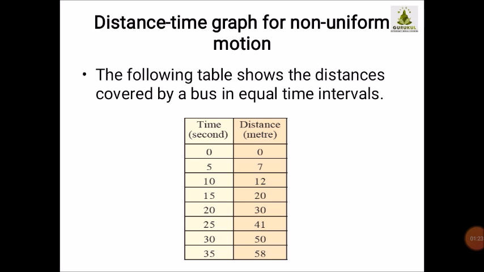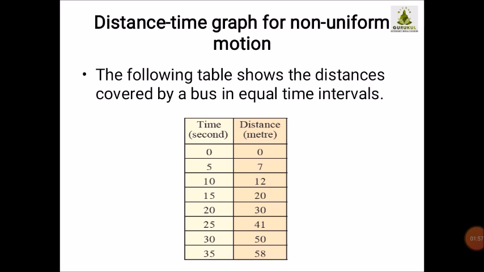Is the bus covering equal distance in equal time intervals? Now see, your time interval is in seconds: 0, 5, 10, 15, 20, 25, 30, 35. Suppose the first distance is 7 meters, and if it had gone in this way, 7, 14, 21, 28, 35, 42, 49 meters, then you could have understood that the bus is covering equal distance.